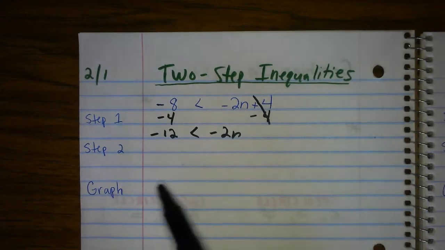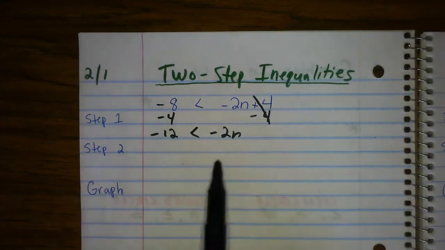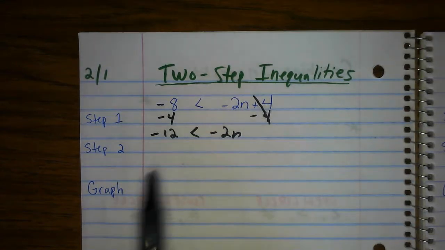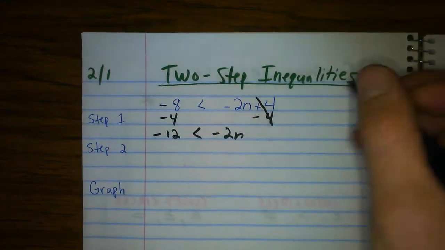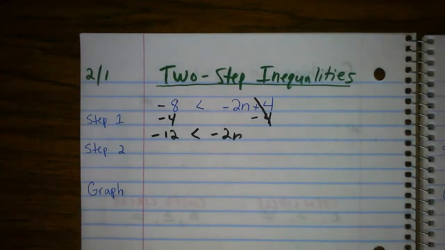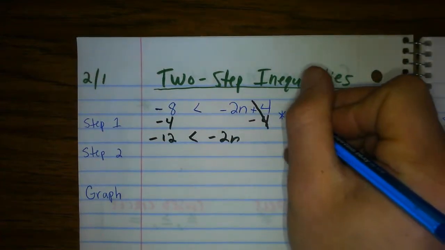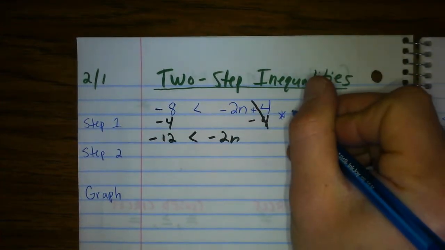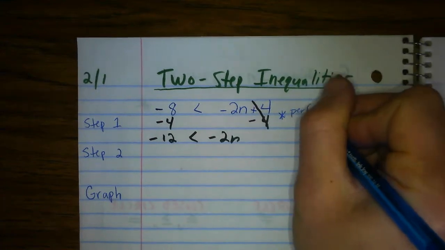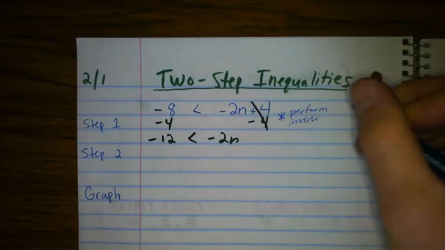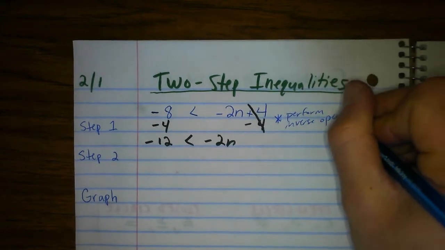Alright, so step 2 is to undo the multiplication. But first, step 1, I'll write it in the margins here. Step 1 was perform inverse operations.